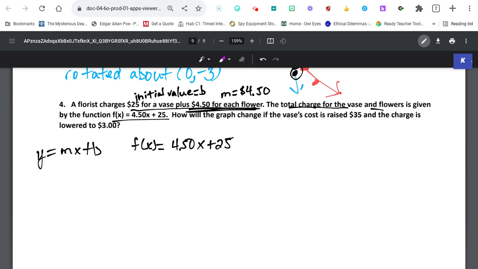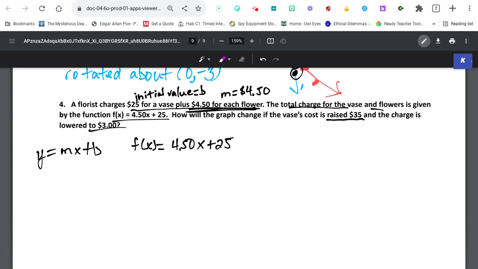Just use common sense. It says, how will the graph change if the vase's cost is raised $35 and the charge is lowered to $3? So if I raise the vase's cost $35, I've got to increase the cost by $35.